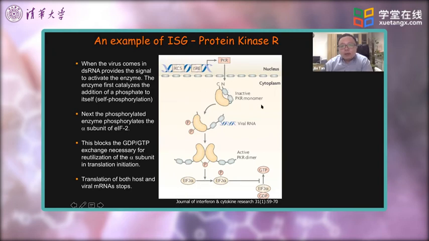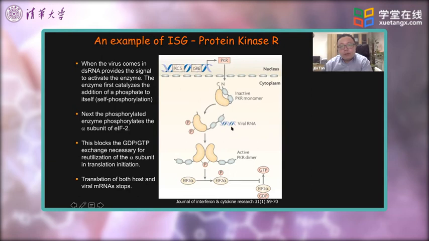However, when this protein senses double-stranded RNA, so in our cells, most normal RNA is single-stranded. But when the viral RNA tries to replicate itself, it often contains a double-stranded stage of the replication cycle.